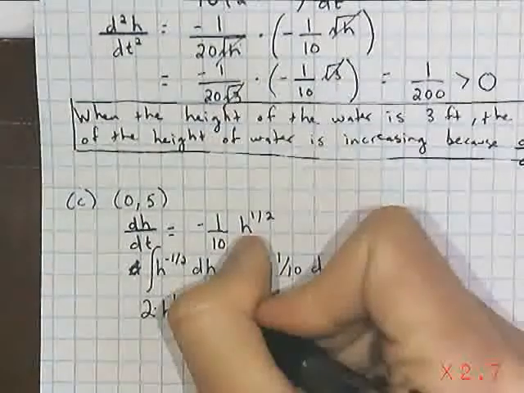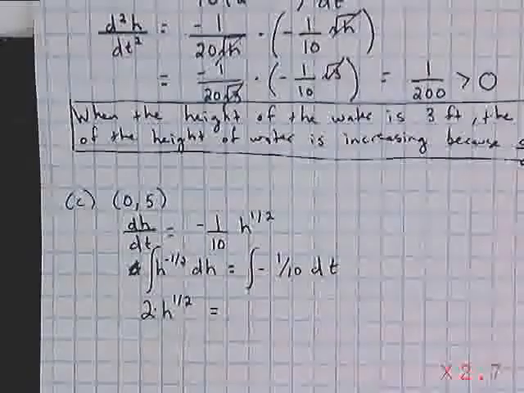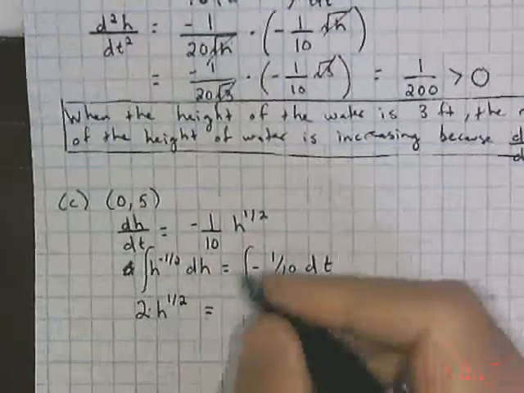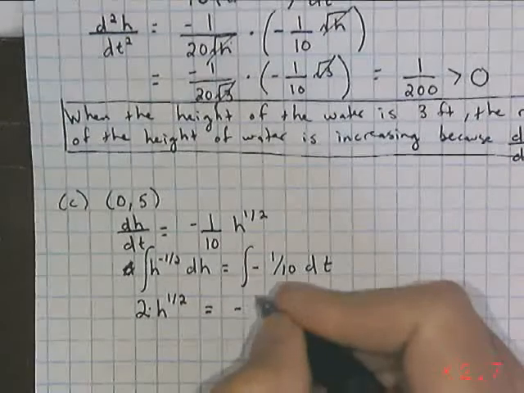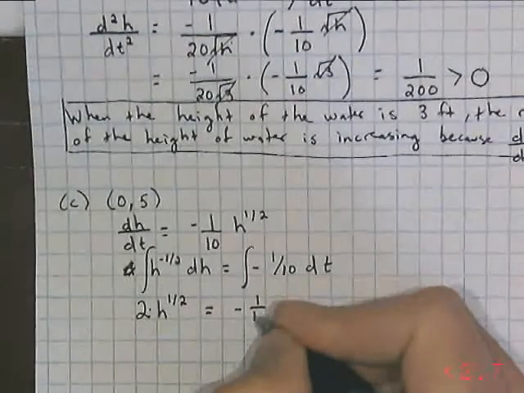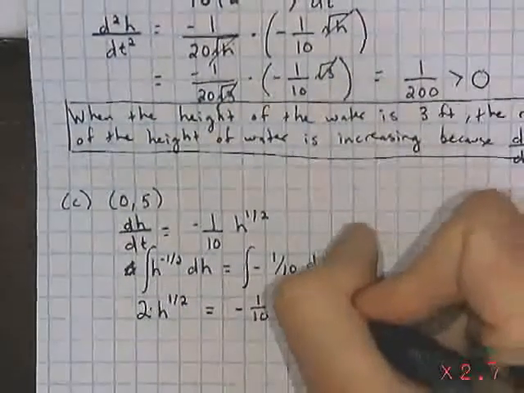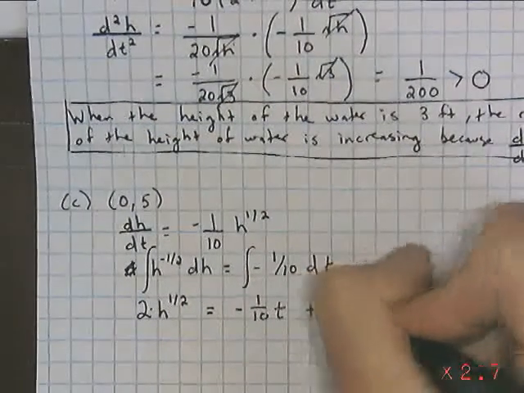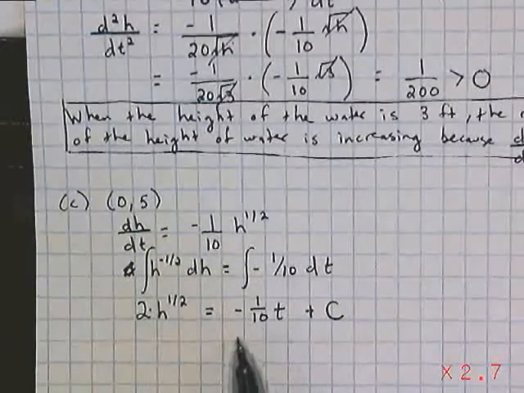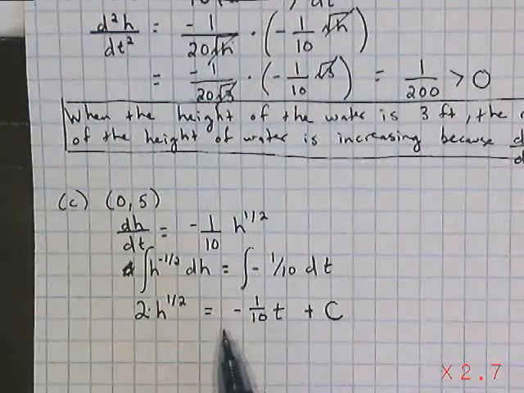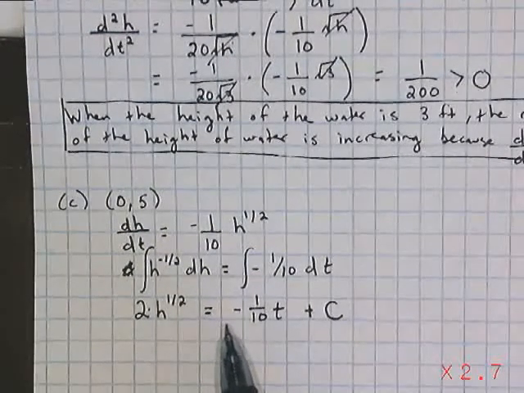On the right side, we get negative 1/10 t, and we keep our plus c on the right side. This is the general solution.